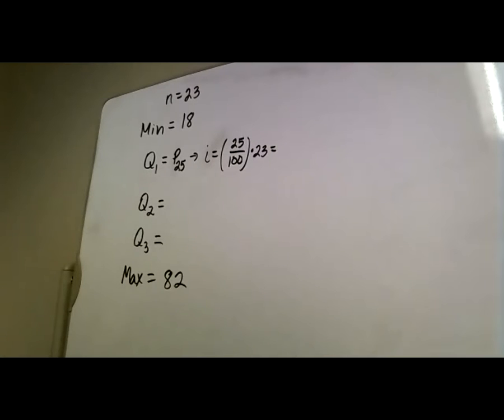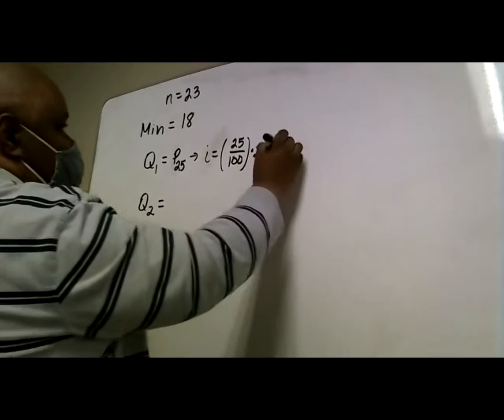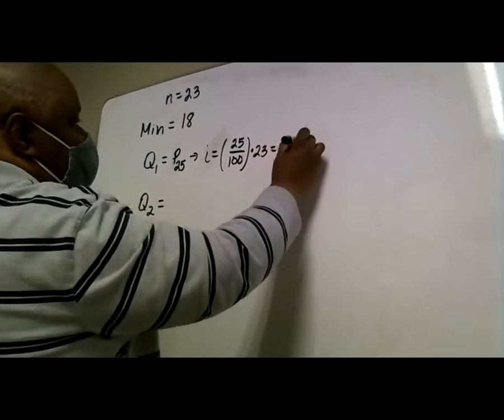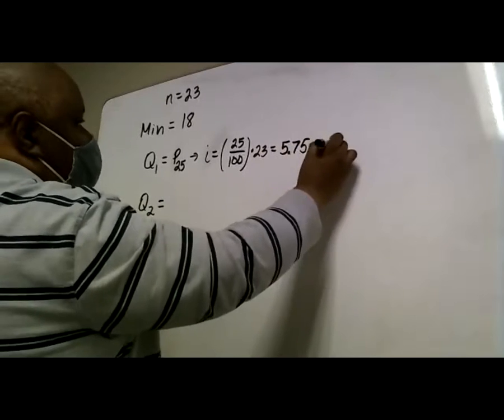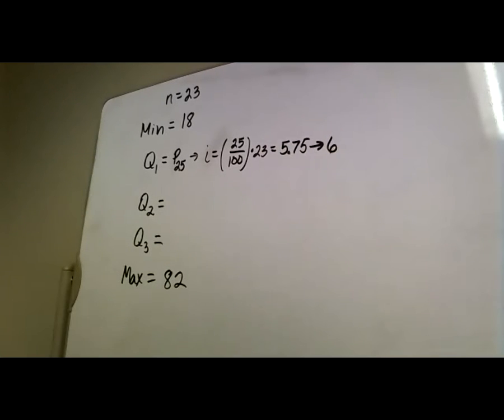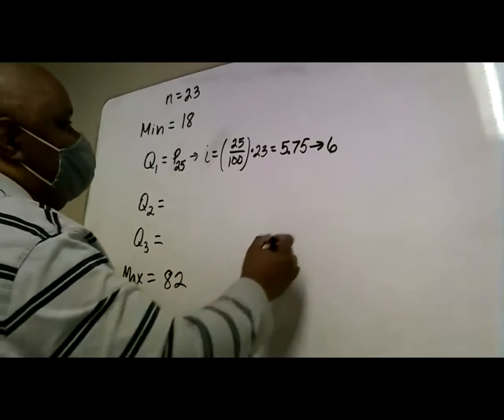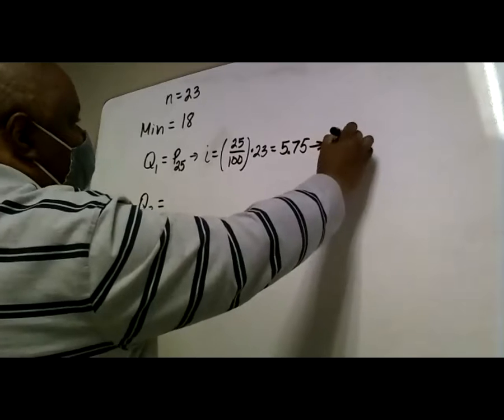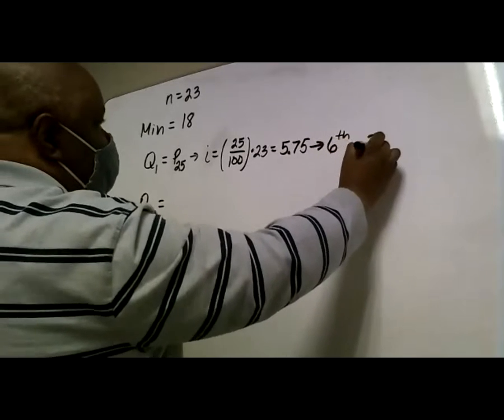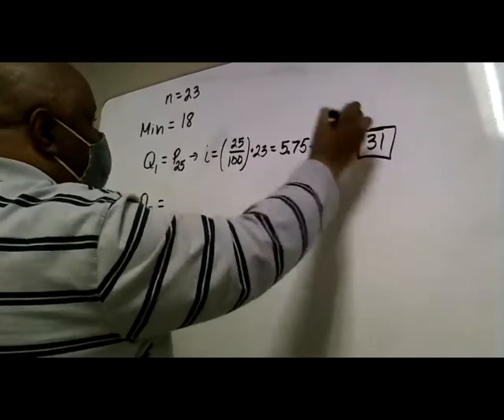And I think we did this before. That was 5.75. Round that up, it would be 6. So we have to find the 6th number in that data set. And what would that be? 31. There it is. So the 6th number is 31.